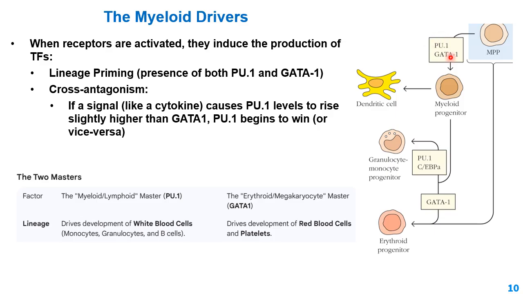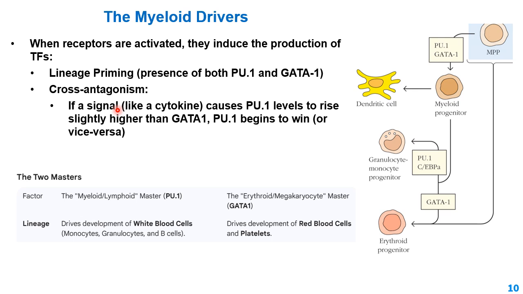This is what you call lineage priming. At first, the cell is expressing both of them, but then the cell is going to decide whether it wants to express one over the other. Depending on whether it expresses PU1 or GATA1, it is going to take further branches out of that path.